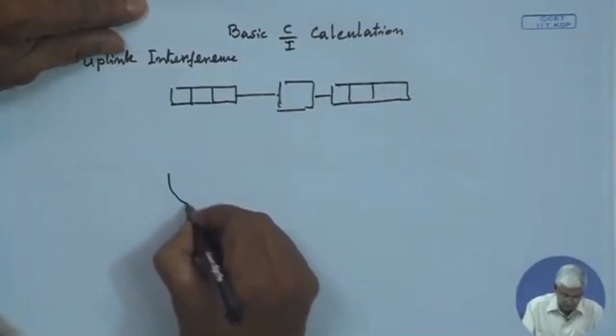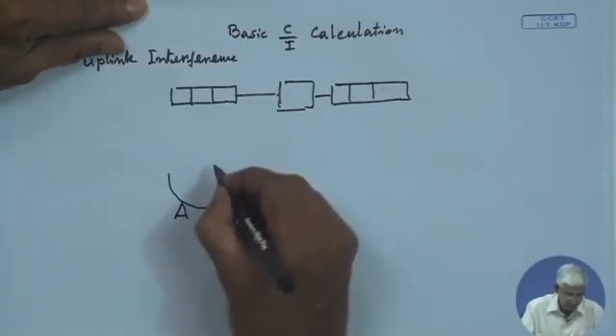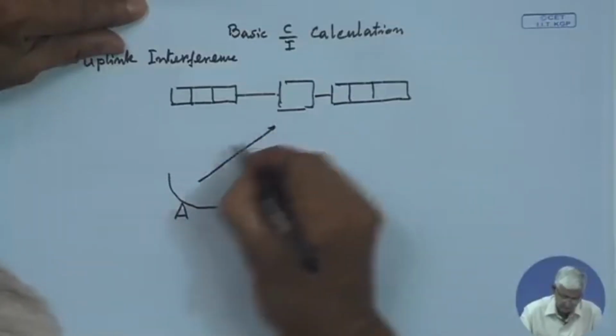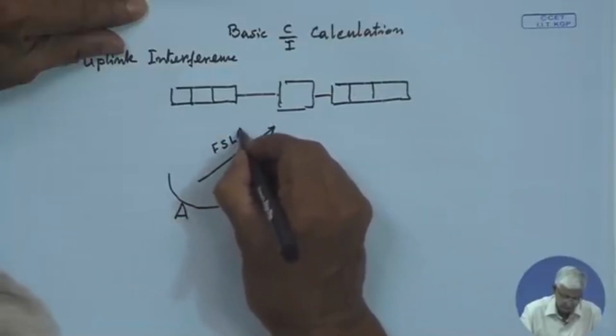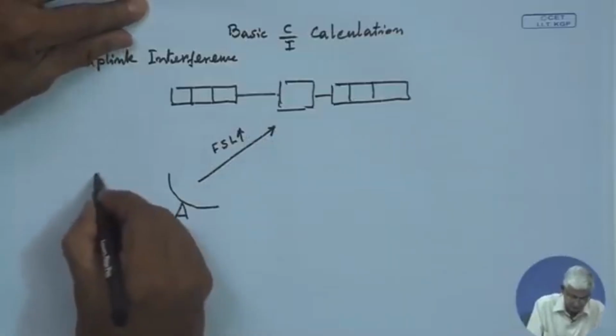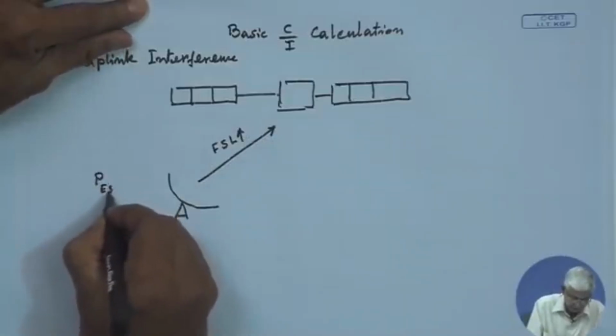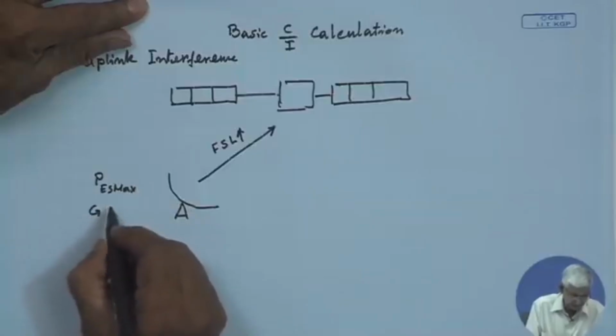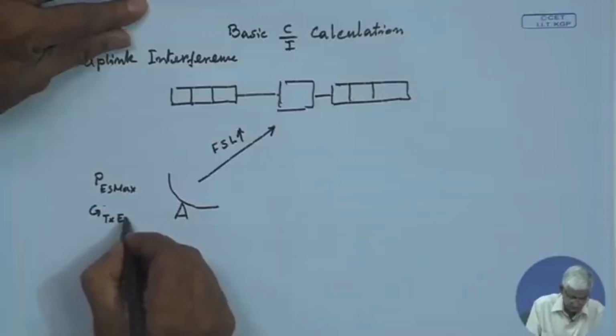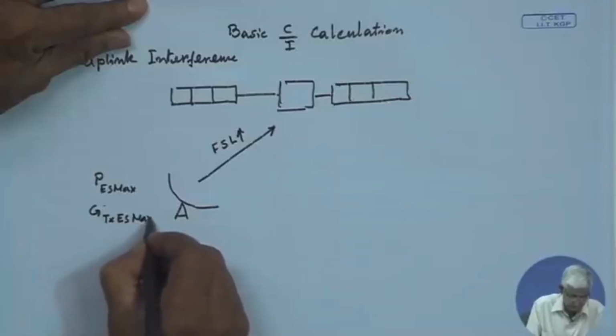Now, there is a station which is uplinking towards the satellite, pointed the antenna towards the satellite, free space loss uplink. So, it has power of a station which is maximum and gain of the transmit antenna which is a station maximum.